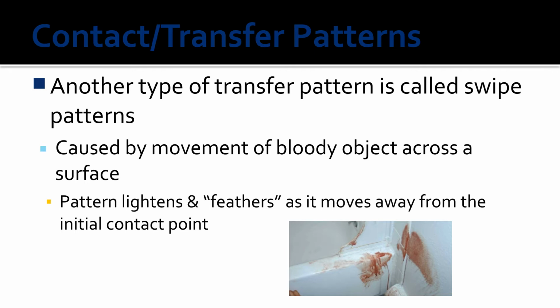Also, the first transfer pattern will be darker and heavier with blood and become increasingly lighter as it moves through the scene. It may also be able to tell investigators whether whoever was wearing the shoes or present there was either running or walking through the scene.